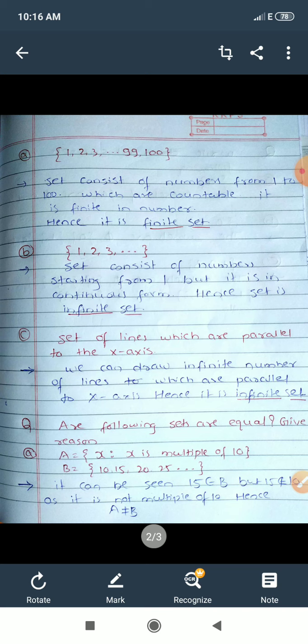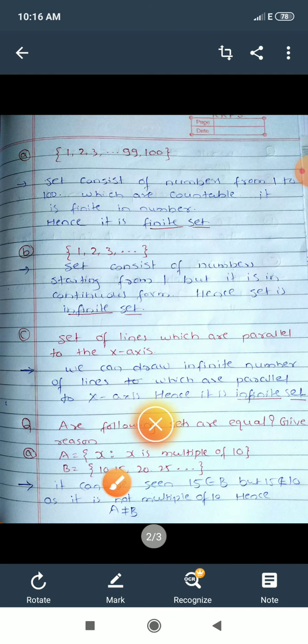The number of elements of set A must be equal to the number of elements of set B. If A consists of 3 elements, it must be equal to 3 elements of set B, right?